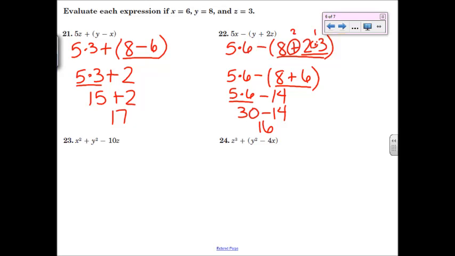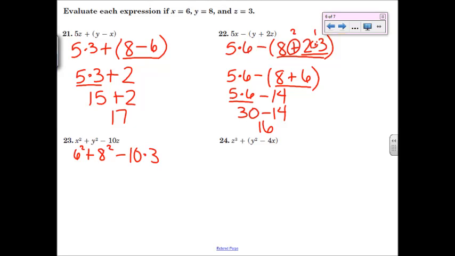Number 23, we have x squared plus y squared minus 10 times z. So x is 6 squared plus y is 8 squared minus 10 times z is 3.